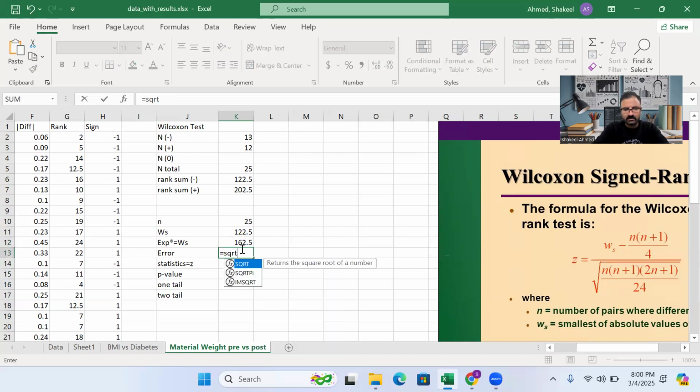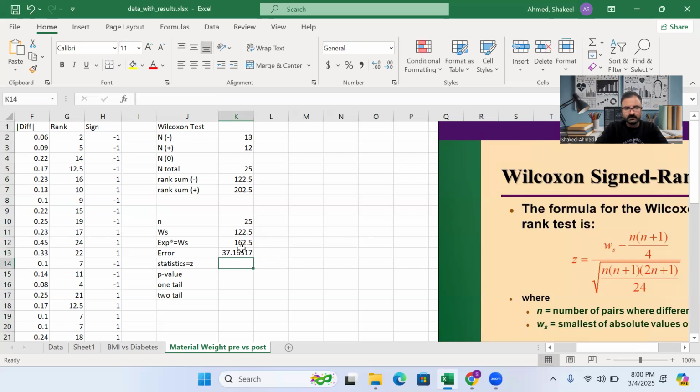That is square root of n, that is 25, times 26, and then times (2 times 25, that is 50, plus 1, 51), and divide by 24, and then square root close. So this is the standard error.